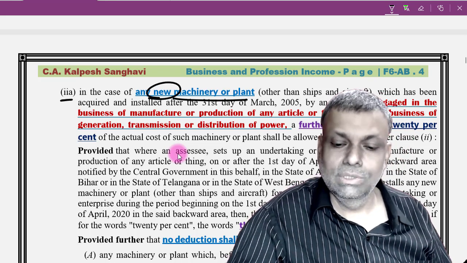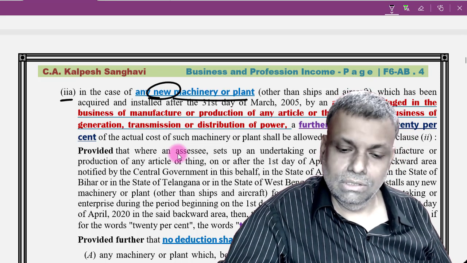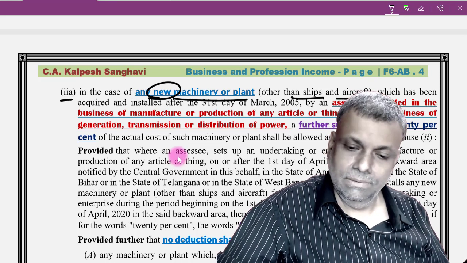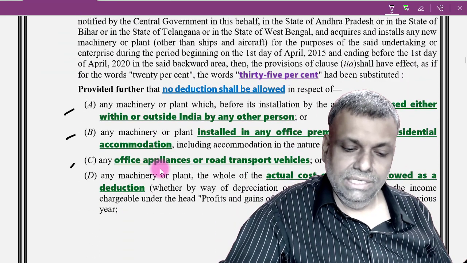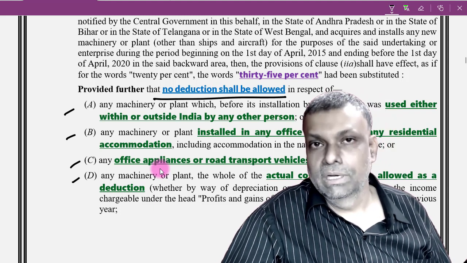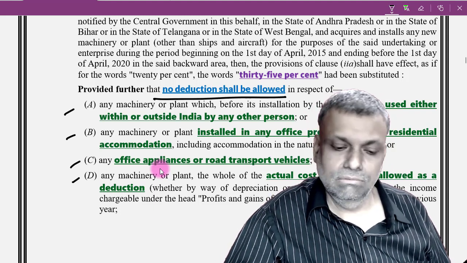Only new plant and machinery is allowed, other than ships or aircraft. Then, for these A, B, C, D conditions, no deduction shall be allowed, that means no additional depreciation will be allowed.